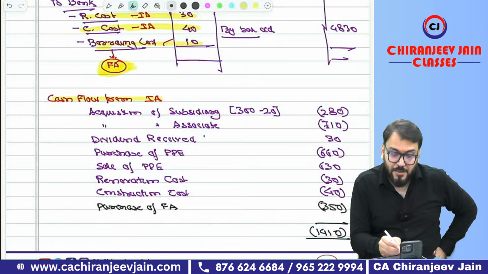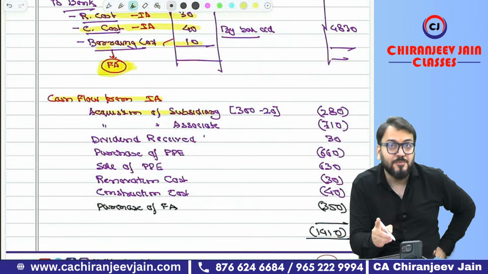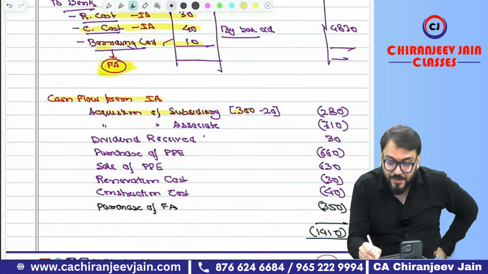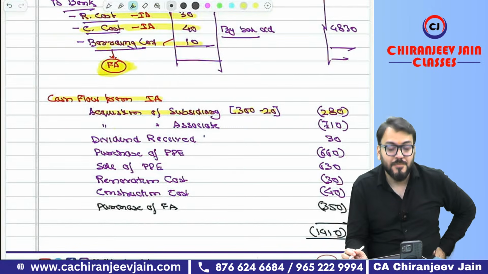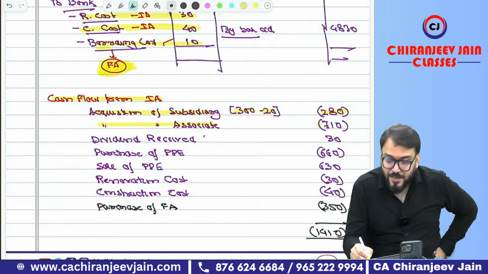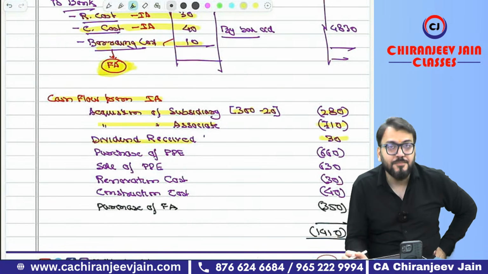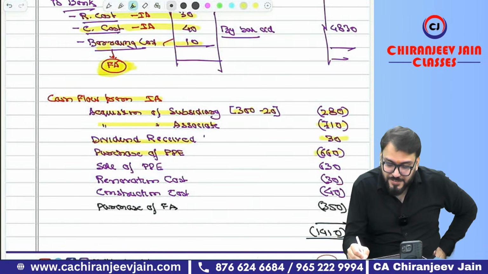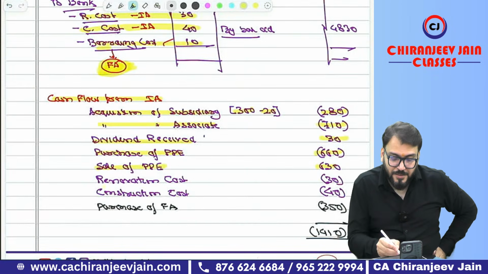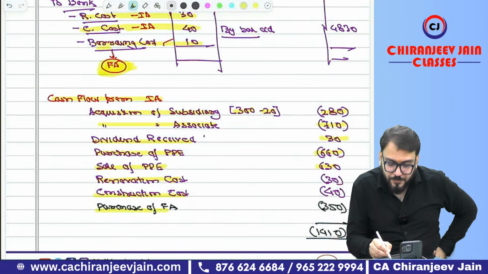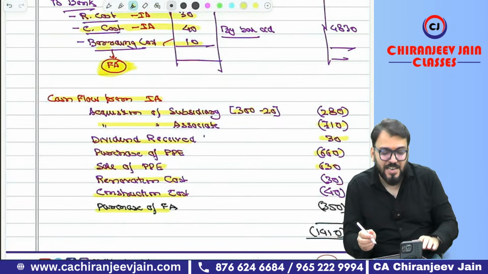Then cash flow from investing activity, what will come? Acquisition of subsidiary. Already I have said they acquired a subsidiary, paid 300 minus 20, 280. Acquisition of an associate, 710. Then dividend received, 30. Then purchase of PP, 660. Then sale of PP, 630. Then renovation cost, construction cost, and purchase of financial asset, sorry.